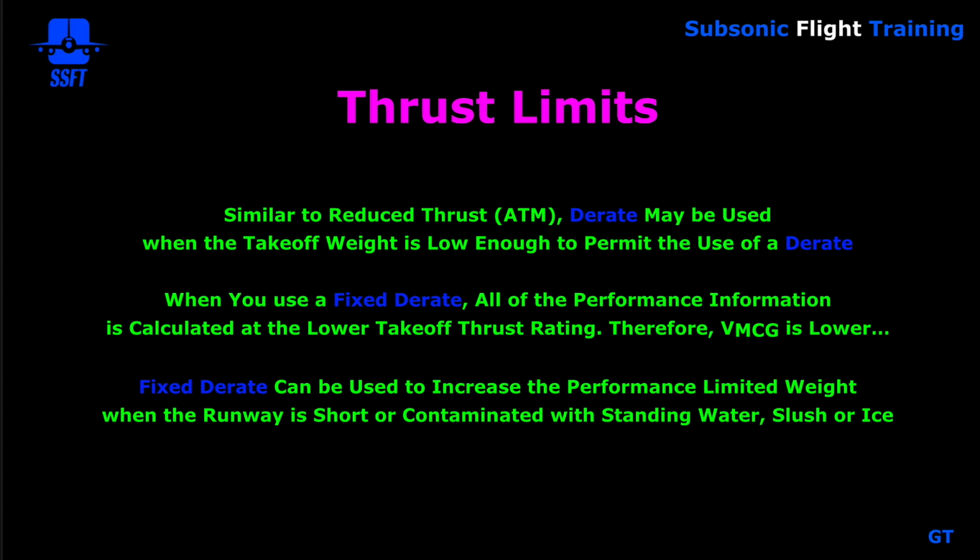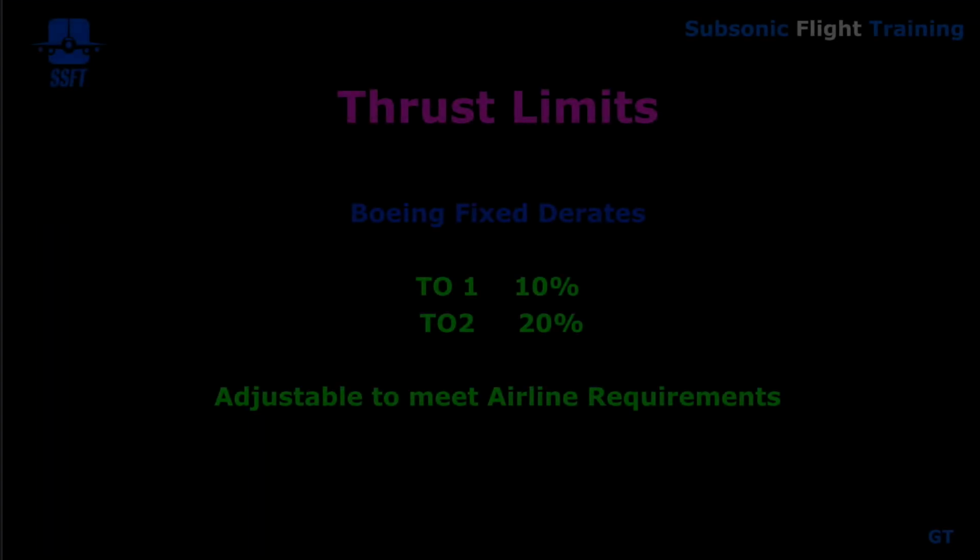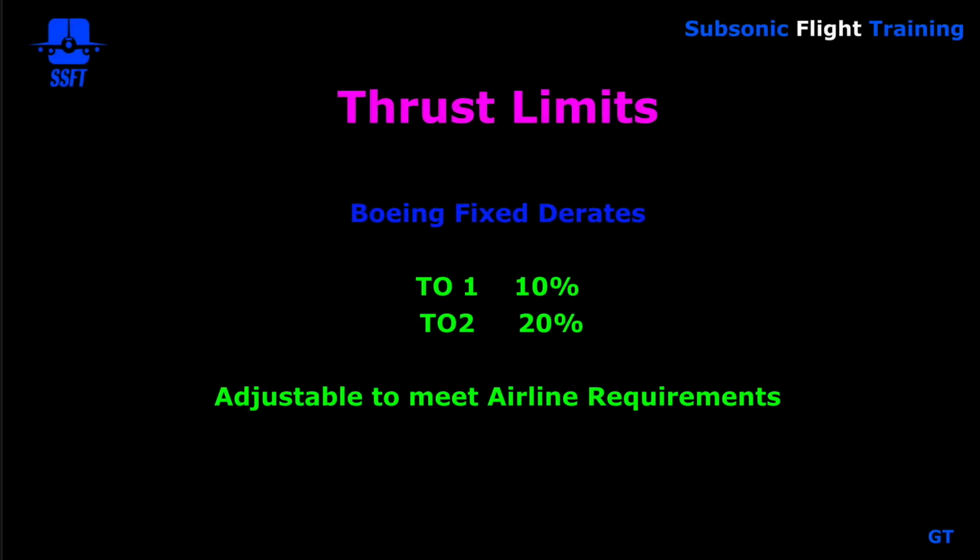One advantage of fixed derate is it can be used to increase the performance limited weight when the runway is short or it's contaminated with standing water, slush, or ice. The Boeing fixed derates are TO1 and TO2, and they're 10% less than full rated thrust for TO1 and 20% less than full rated thrust for TO2.